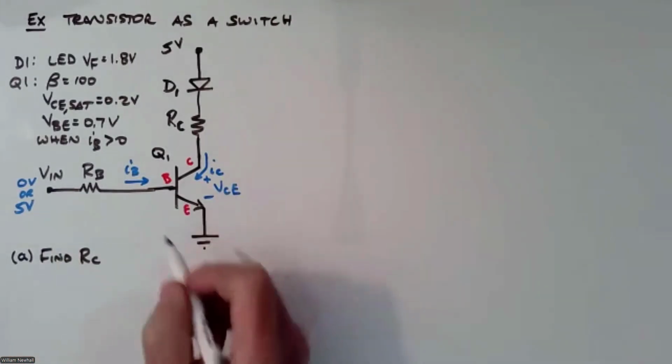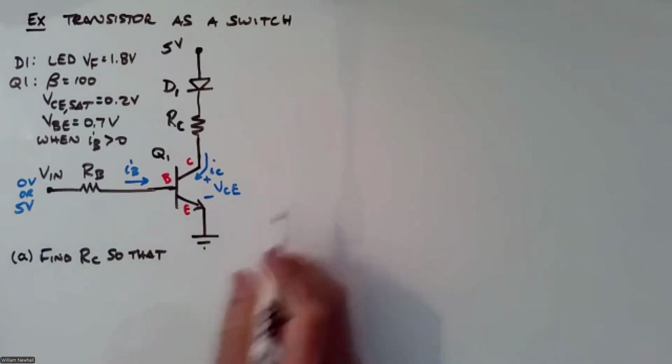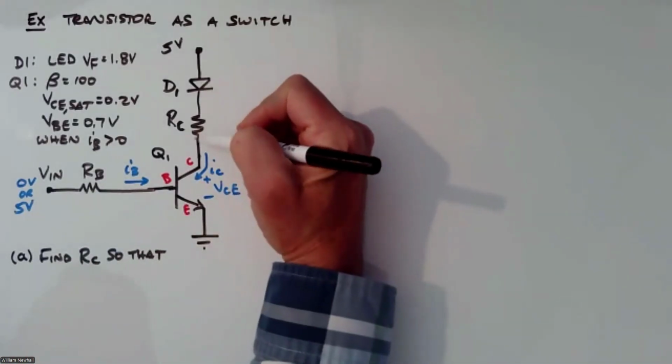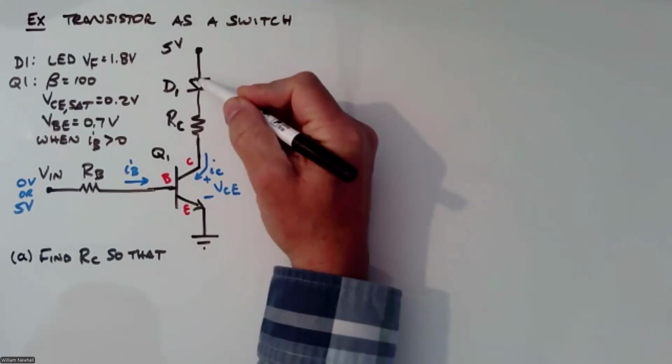All right. So let me write those questions down so I can be a little more specific here. Part A, find RC, the collector resistor, so that the diode current and equivalently the collector current is 25 milliamps.